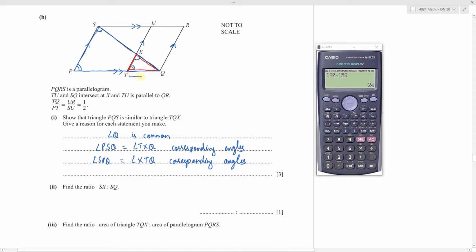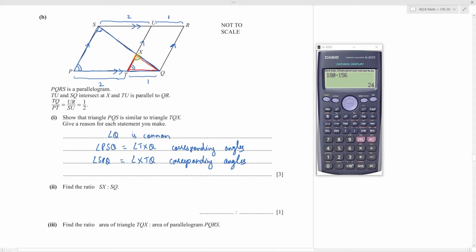So if TQ is one part, PT will be two parts. And UR over SU is also 1:2. So if UR is one part, SU will be two parts as well.